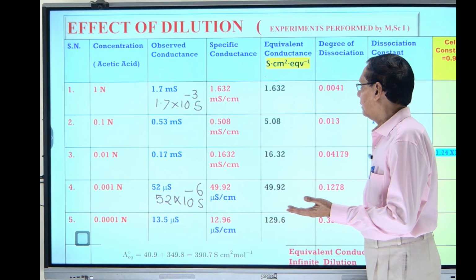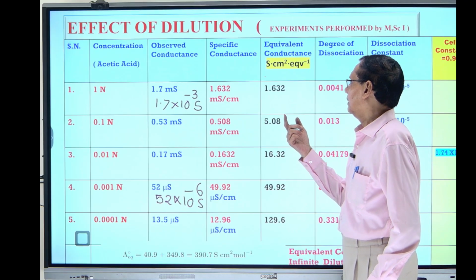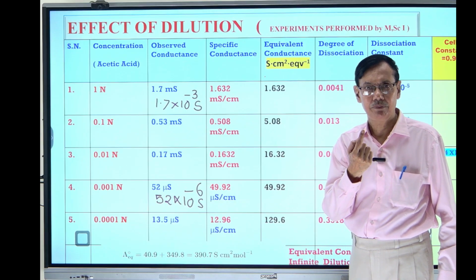Similarly, my students have also determined the specific conductance, maybe using values of the cell constant less than 1.